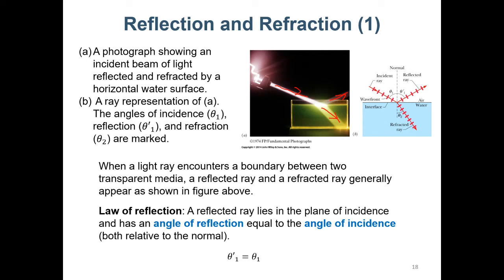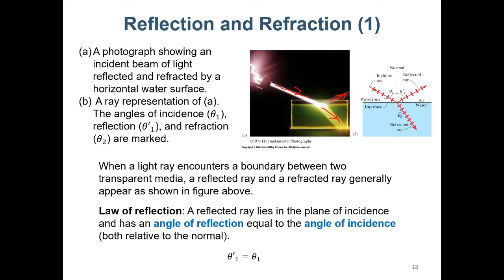So when a light ray encounters a boundary between two transparent media, a reflected wave and a refracted wave generally appear as shown in the figure above. So the law of reflection: a reflected wave lies in the plane of incidence and has the angle of reflection equal to the angle of incidence, both relative to the normal.